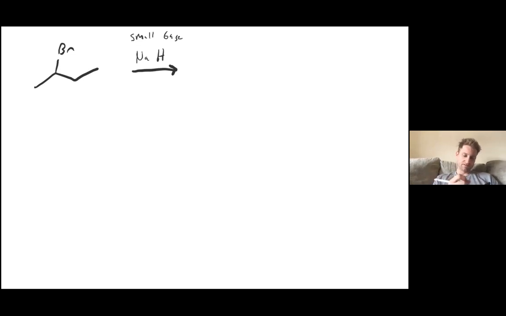Small bases are going to be selective for your less substituted position. So for doing an elimination, you're always going one carbon away from wherever your halogen or your leaving group is. So if our leaving group is here, the positions that we care about are going to be one carbon away, so either here or here.